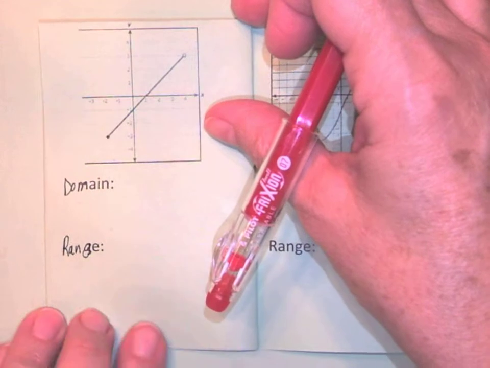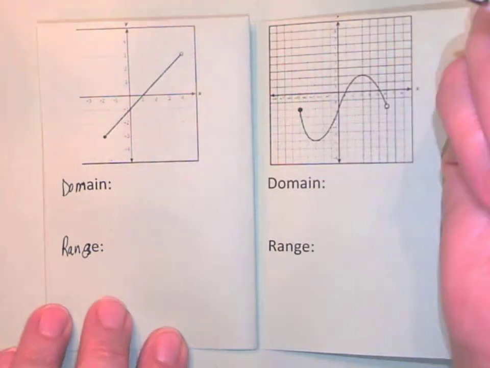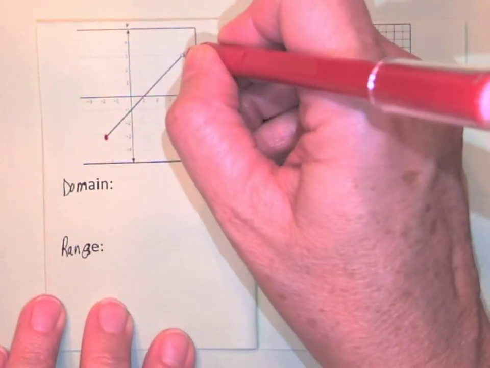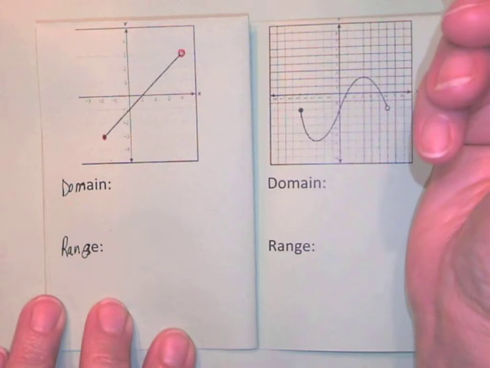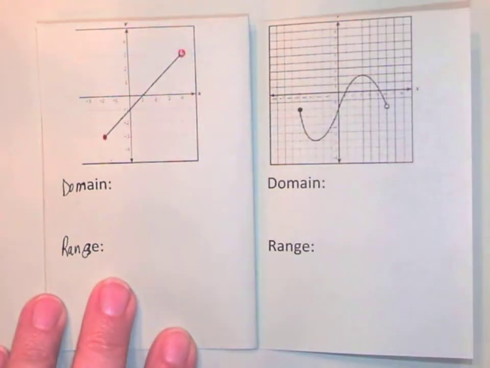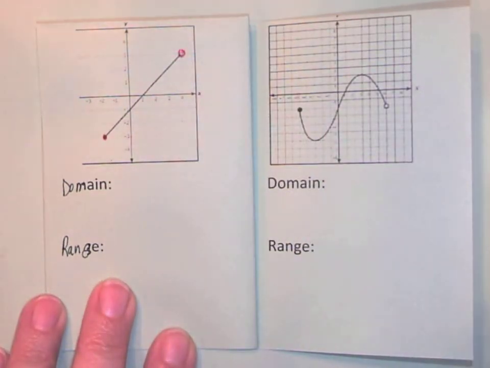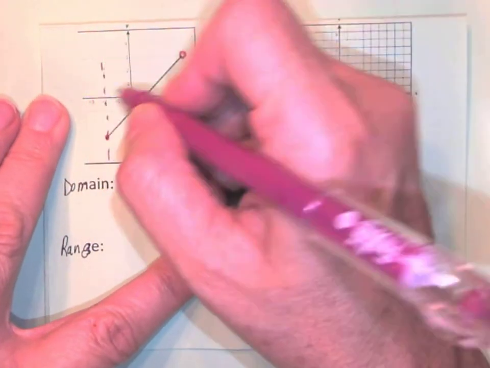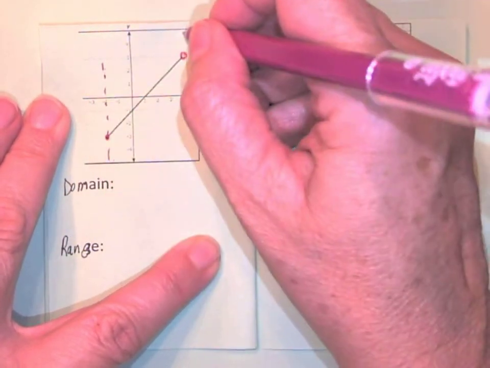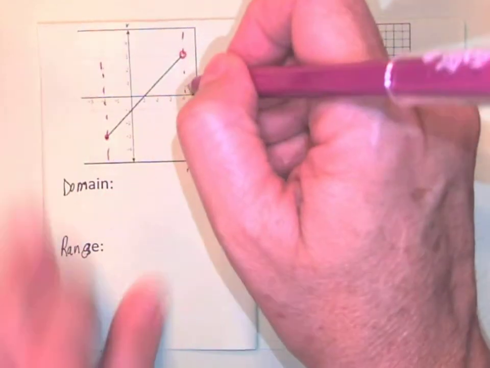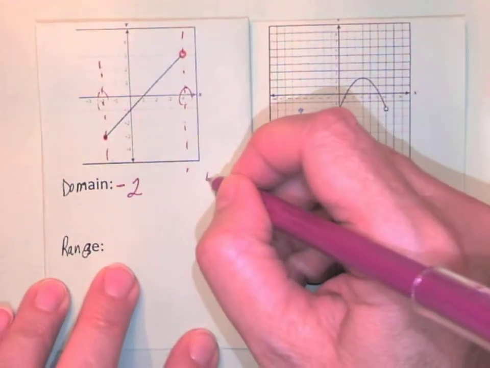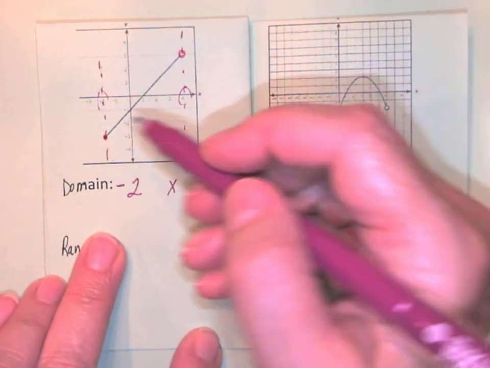Over here, this one has the endpoints again, but this endpoint is colored in and this one's an open circle. So I can still use my box strategy here. You can see that this side of the box goes through negative 2 and this side goes through 4. So my x boundaries are negative 2 and positive 4.